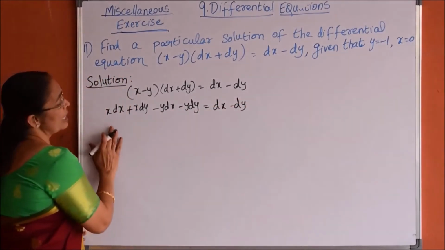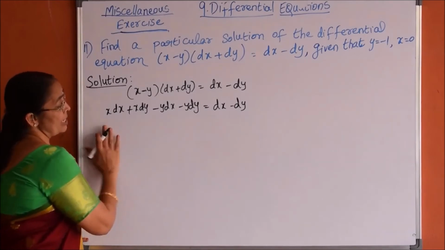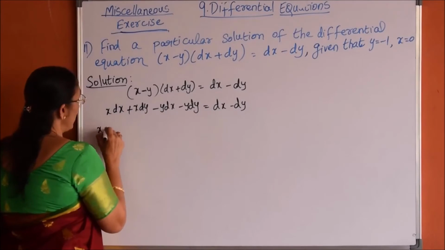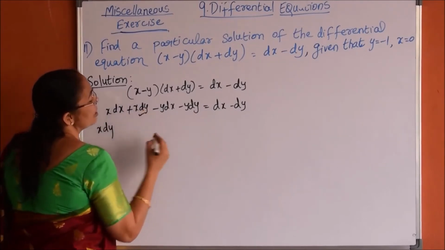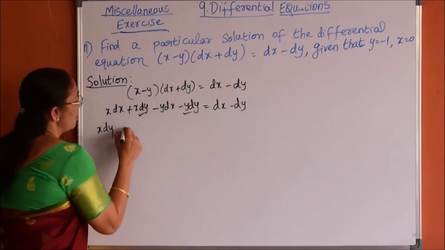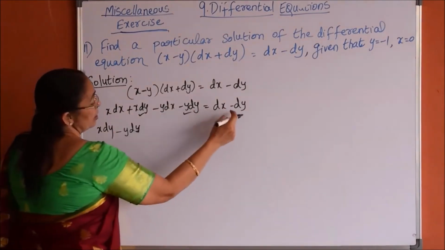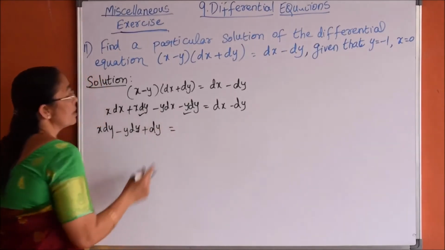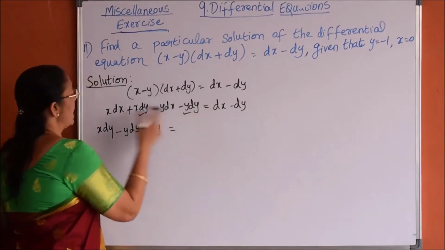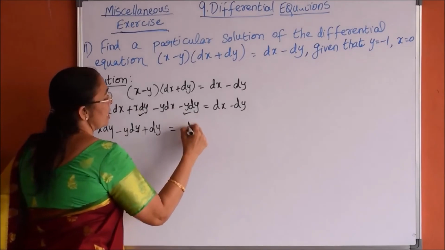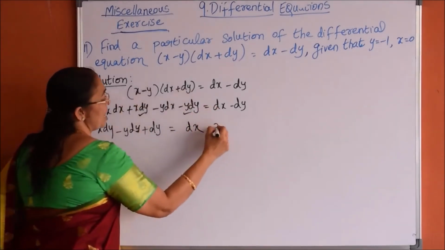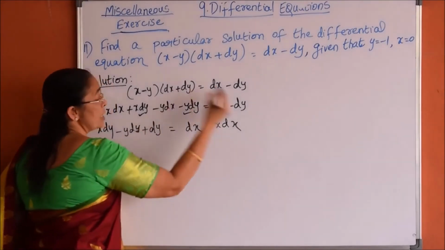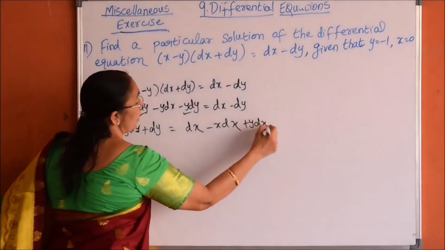Now, we arrange all the dy terms on the left hand side and dx terms on the right hand side. So, on the left we have x dy, one dy term, one more dy term, minus y dy. On the right hand side we have dx minus x dx, and one more minus y dx, which will become plus y dx.